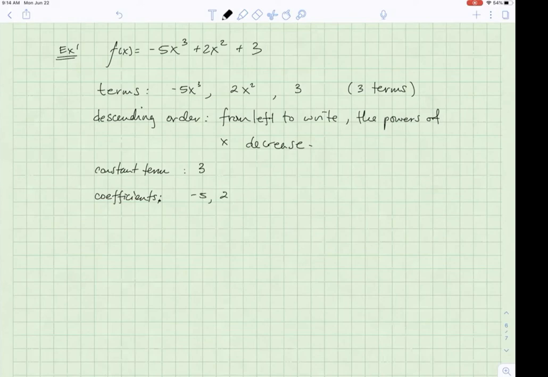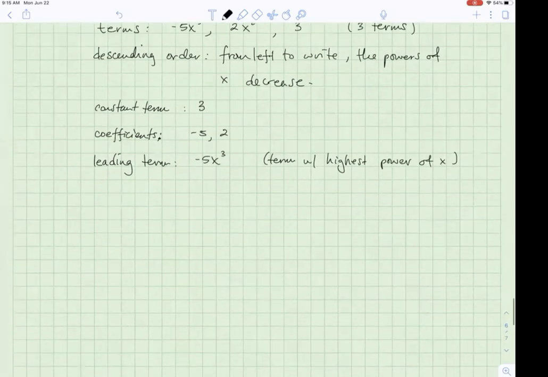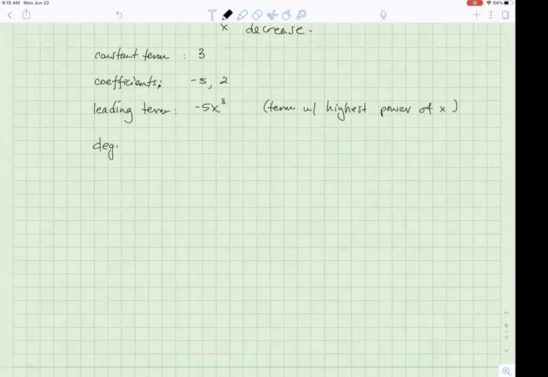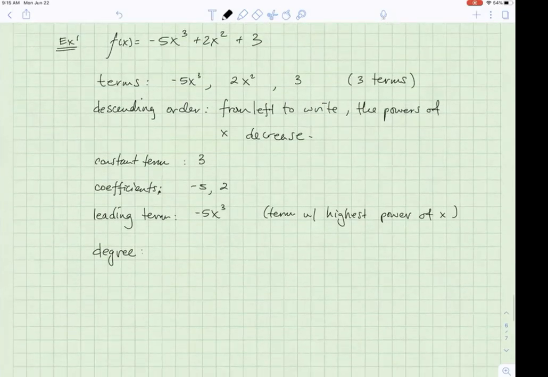And then let's see, this is going to be important for us today. The leading term is negative 5x cubed. This is the term with the highest power of x. And then here, the degree of a polynomial. The degree of the polynomial is 3.